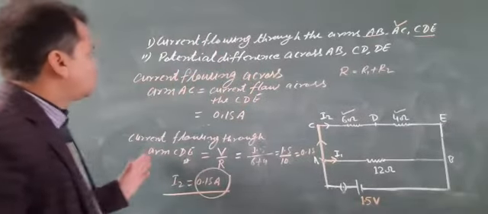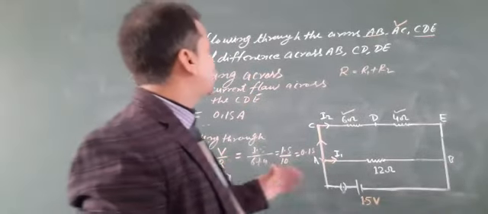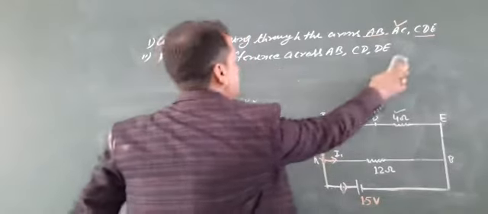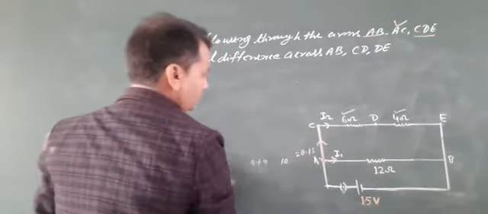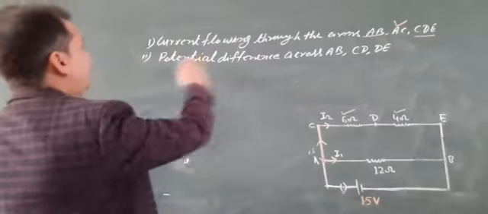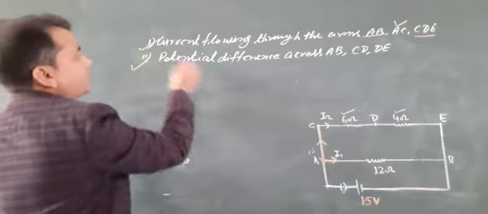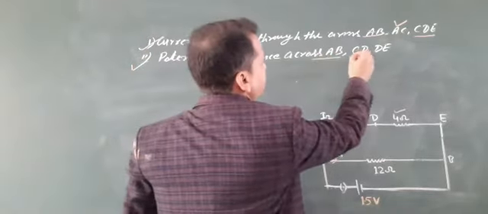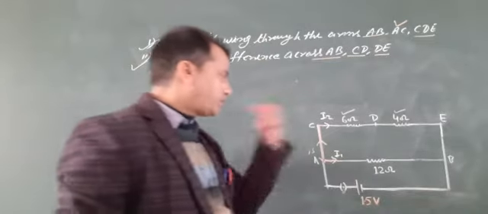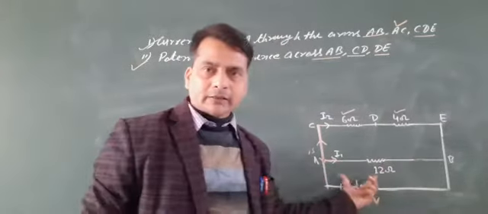Okay. Now the next question is the potential difference across AB, CD and DE. So here is the arm AB in the circuit.